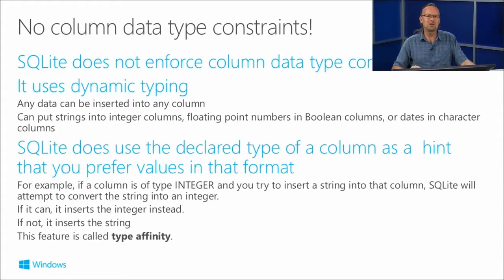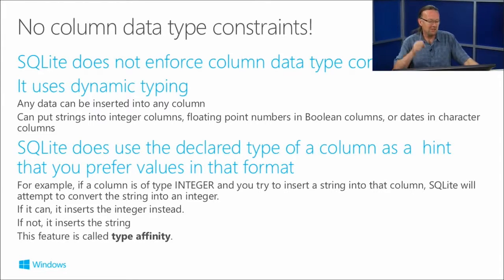But then you could come straight away and insert into project a real value and a Boolean. And SQLite will go, really? You want me to do that? It will try its best to convert what you give it into the appropriate format for the column type that you've declared. But if it can't do it, it just goes, okay, whatever.